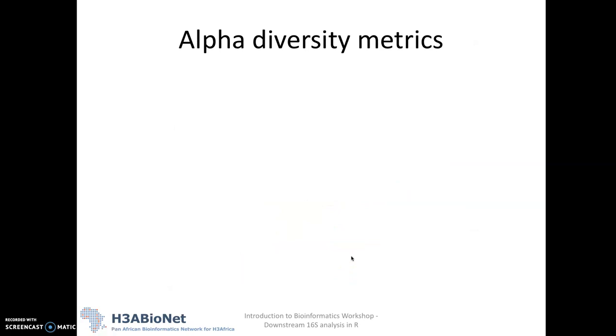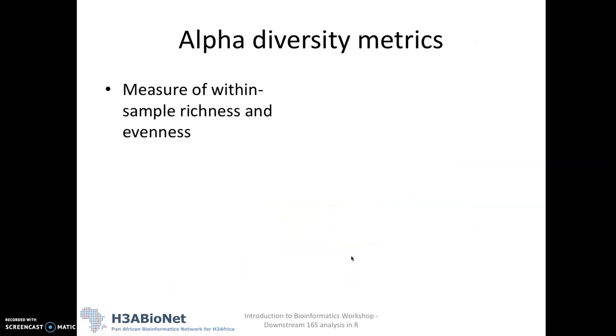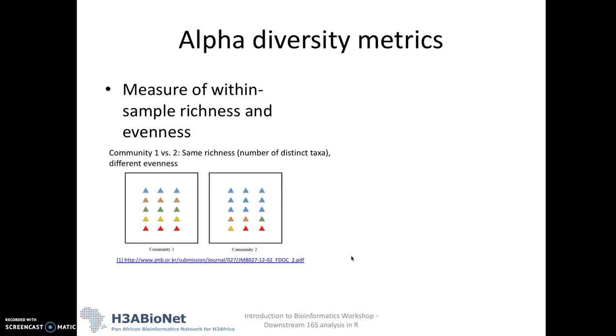So alpha diversity is a measure of within sample richness and evenness. If we look at these two different communities, and each color represents a certain OTU or taxon, they actually have the same richness, meaning number of distinct taxa.